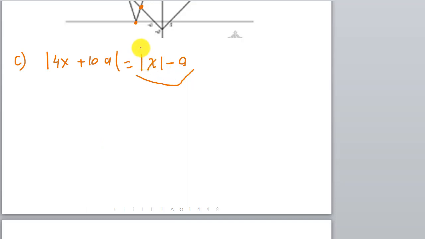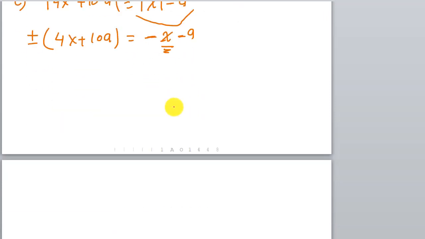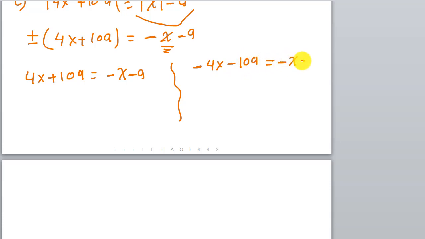So we can write now the equation positive or negative. 4x plus 10a equal to minus x minus a. All the time x is negative. So now we have 4x plus 10a equal to minus x minus a. This is the first one. The second one, minus 4x minus 10a equal to minus x minus a.